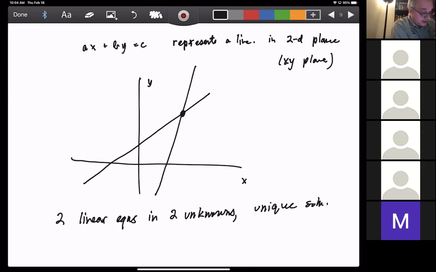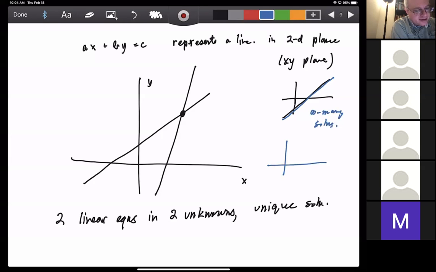Okay. But that's not the only way two lines could be arranged in a plane. You could alternatively have two lines that basically live on top of each other, right? In which case every point works for both of those equations. So there's infinitely many solutions. Or you could have two lines that are parallel to each other.